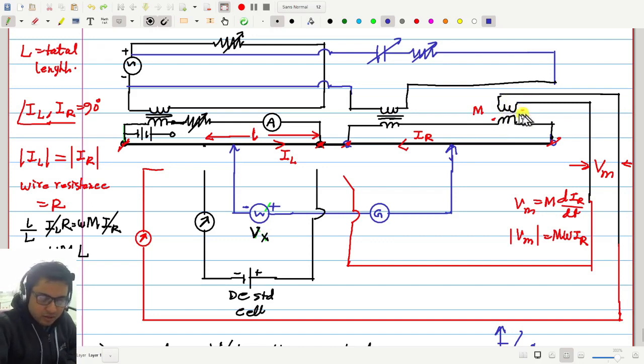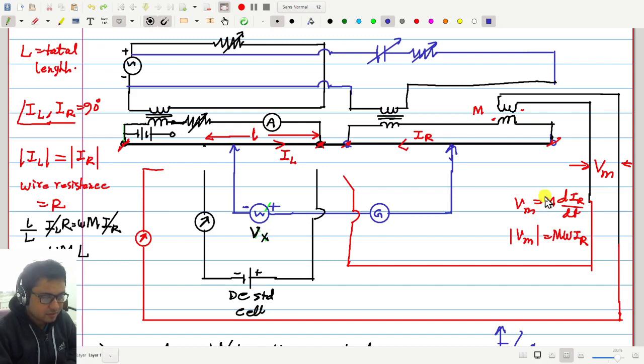Can we use an iron core transformer there? If I use an iron core transformer, will this relationship be valid?